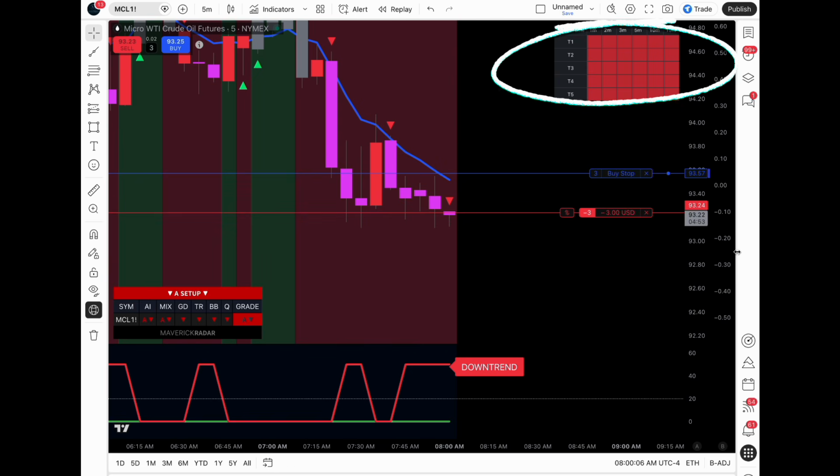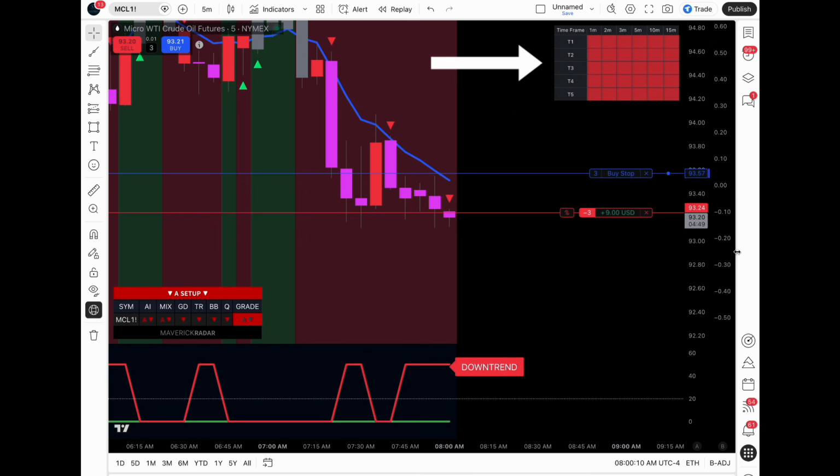All 5 traders are voting bearish across 6 time frames. If you don't know, this is the Maverick Multi-X. Many years ago, I spent a small fortune to create this indicator. I was watching all these traders with 10 charts on their screen, reading them all at once and then trading a different chart.